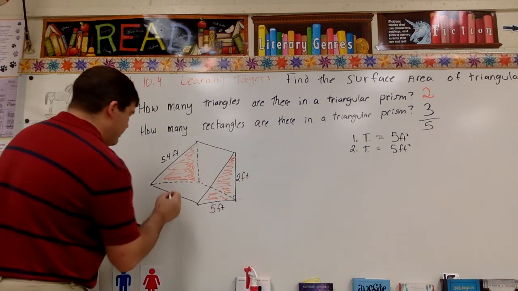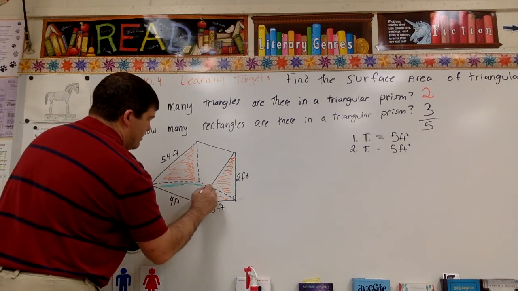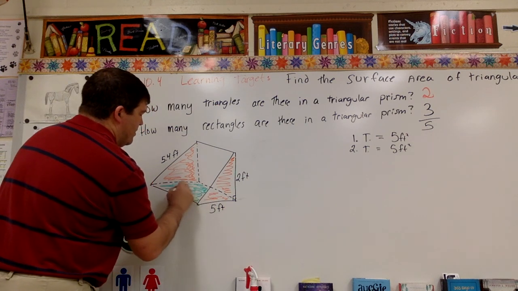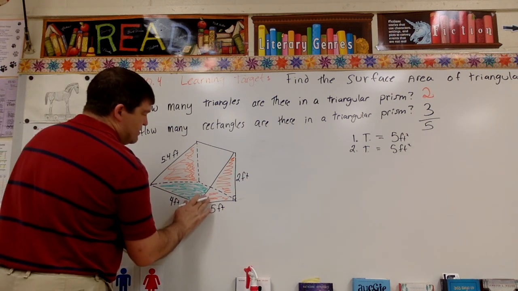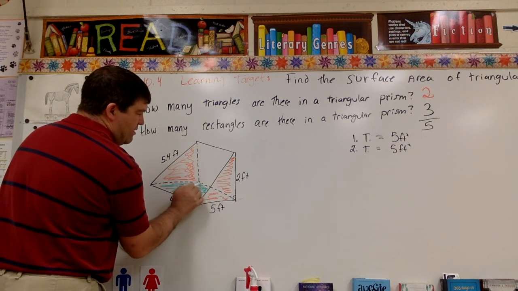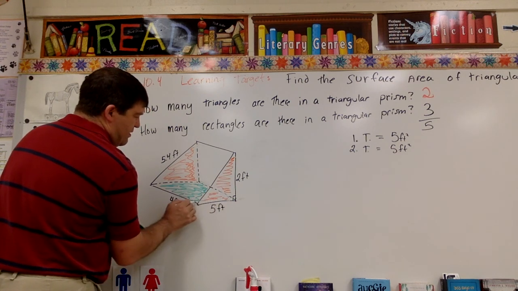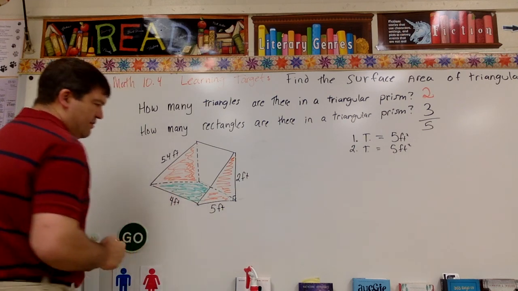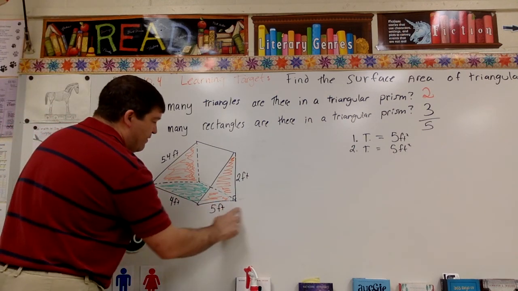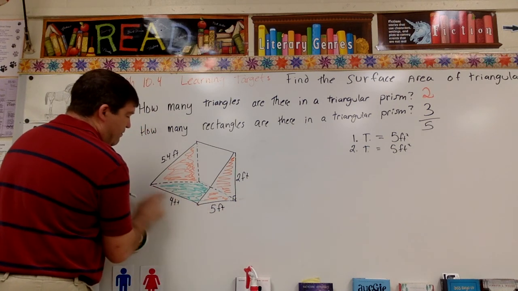Let's do this green one. And it also goes behind this. So it goes all the way here, there, there, there. It's a rectangle. So I know this rectangle here, it's 5 feet by 4 feet.